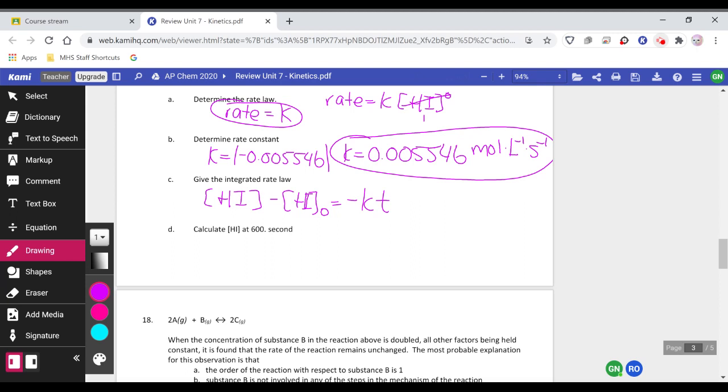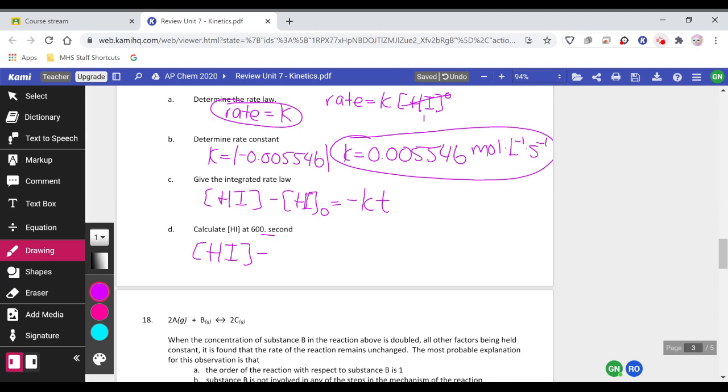Okay, so if we were calculating concentration of HI at 6.0 seconds, now we have our elapsed time. And because of that, I need the integrated rate law. And so we are solving for the concentration of HI at this time. And to get our initial, remember, we just have to go back up to the chart.